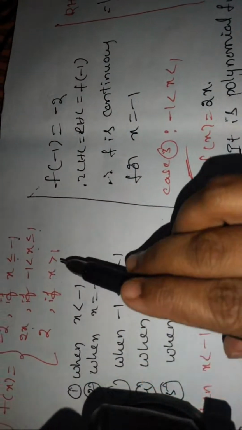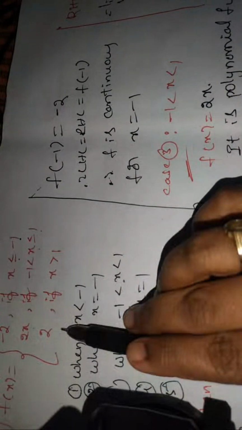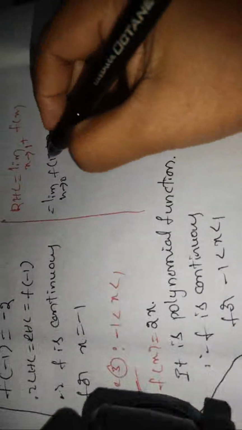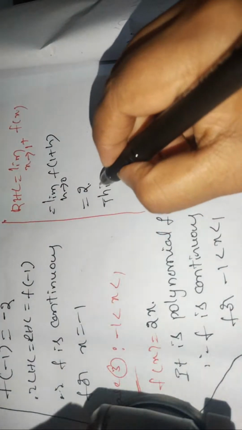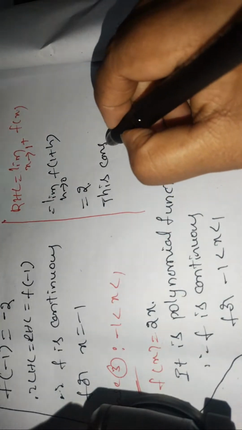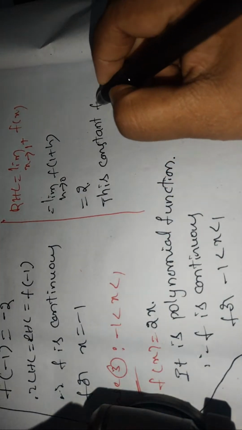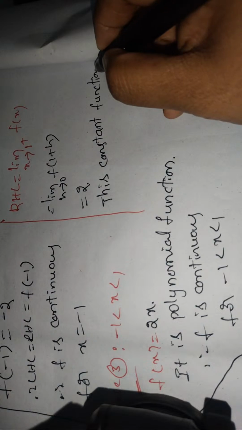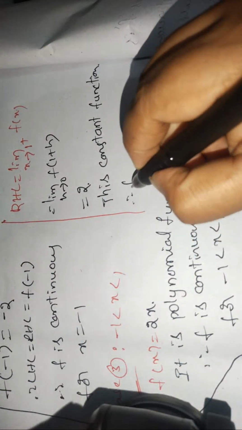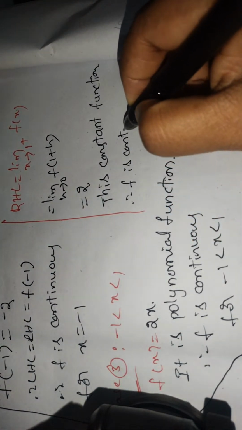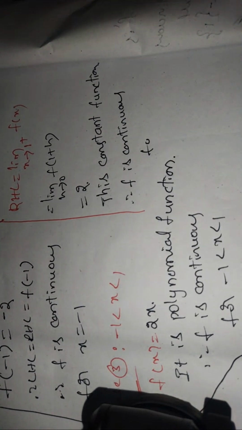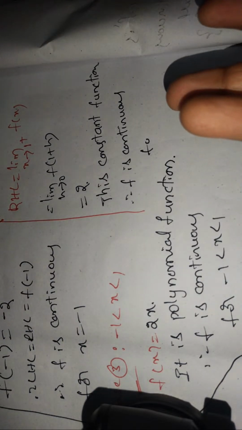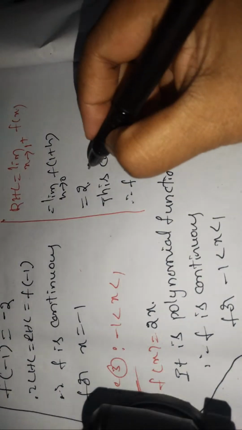If you observe here, when x is more than 1, then the function is 2 directly. So this is a constant function. Therefore f is continuous. What did I get? LHL got 2, RHL got 2.